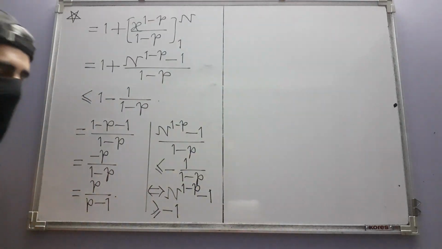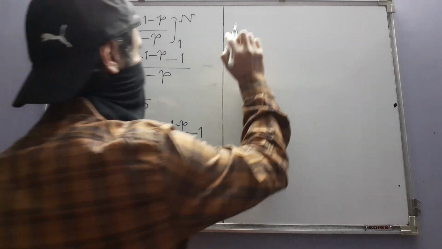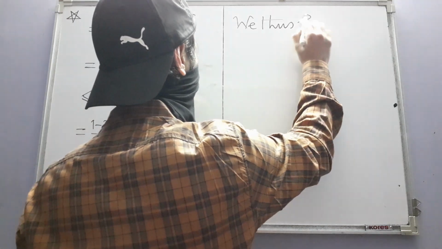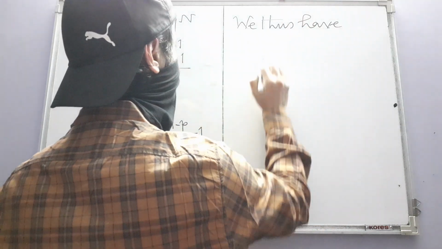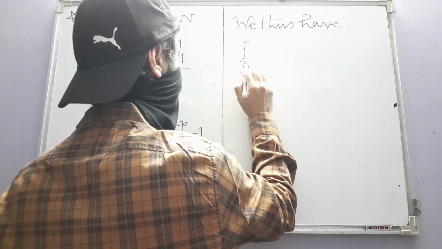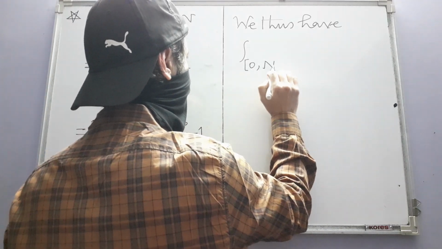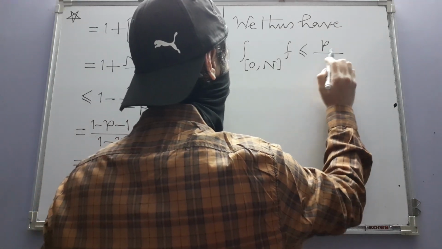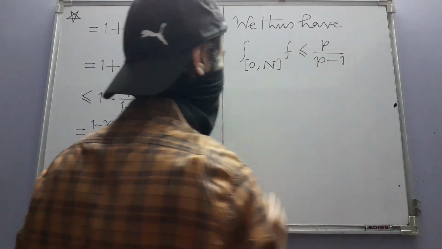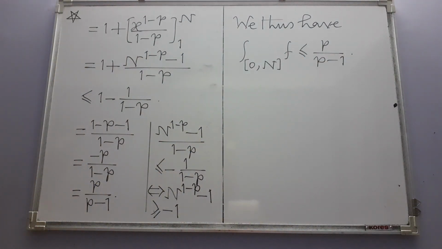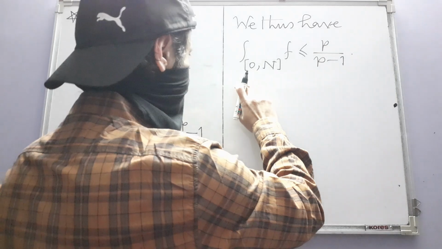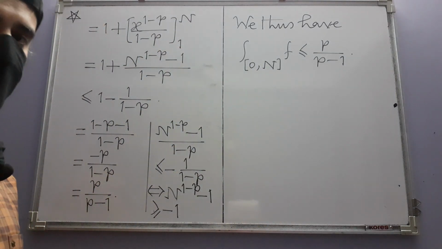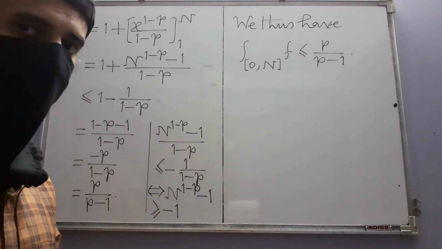So what have we got now? We thus have the integral of f less than or equal to p divided by p minus 1. All right. So, no matter what our n is, we can choose n to be any real number greater than 1.